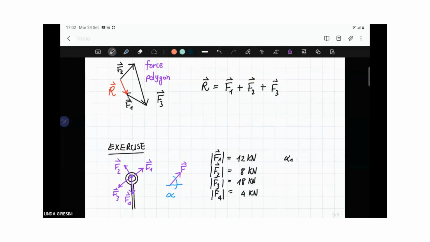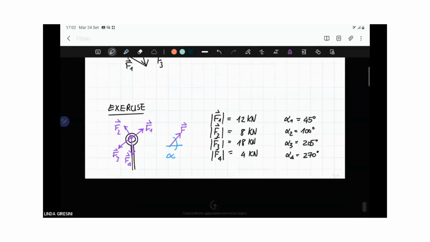The corresponding angles are alpha 1, 45 degrees, alpha 2, 100 degrees, alpha 3, 205 degrees, alpha 4, 270 degrees.